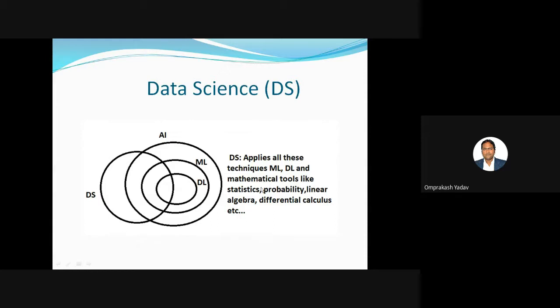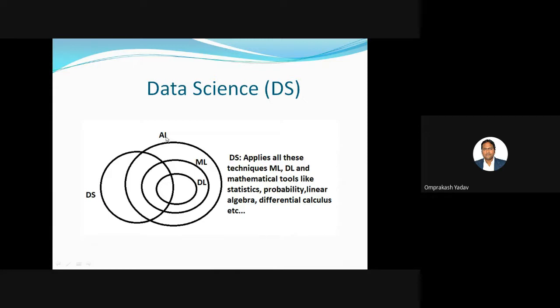By using all these different techniques, it will work on the project and try to explore certain kinds of information hidden inside the data, and it will be able to predict certain things in the future also. All those things are possible because it works with all the techniques. So now at this particular point, one thing is clear: what is AI's main goal? Basically AI uses all those things, right?